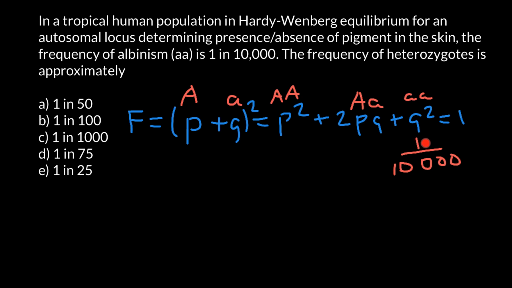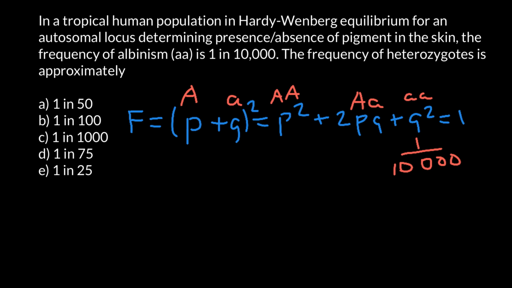So when we see this phenotype, it means this genotype. In order to find the frequency of the heterozygotes in this population, we need to know the frequency of the recessive allele and the dominant allele, and then we can easily calculate the frequency of the heterozygotes.